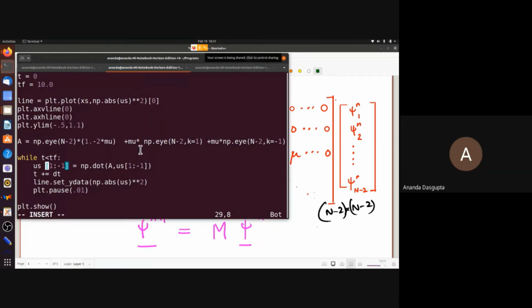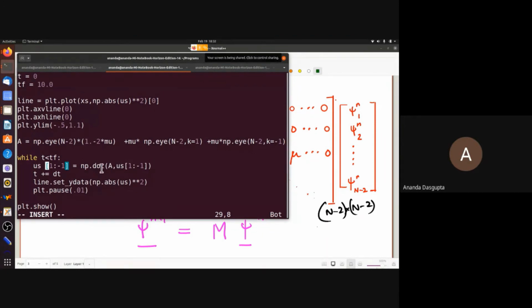I'm not using the matrix object in numpy because that's actually slower. I'm just using the dot which numpy gives you, which essentially carries out matrix multiplication. You can't just say A star us[1:-1] because that will do something entirely different. The dot is exactly what does matrix multiplication for us.